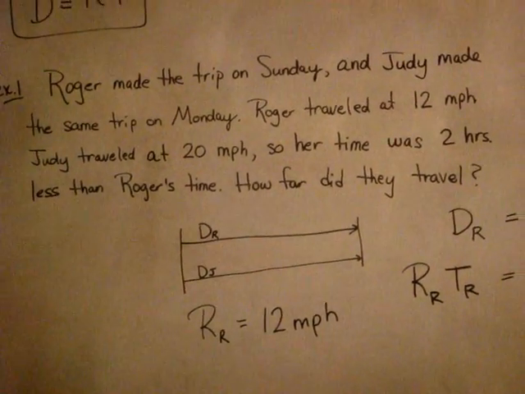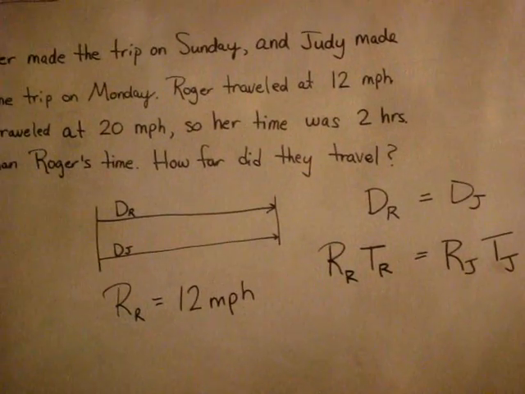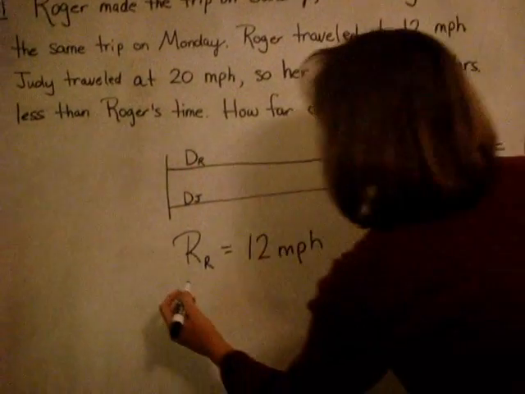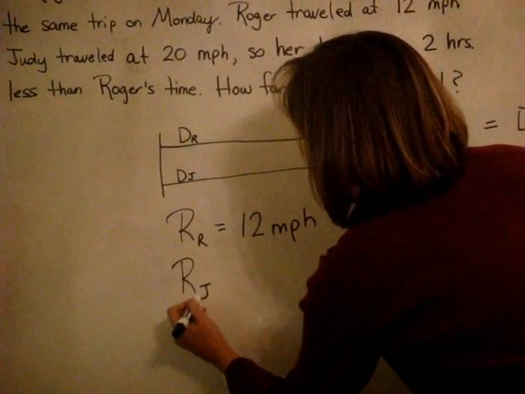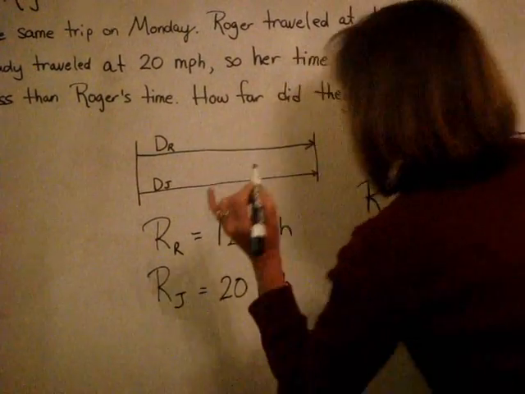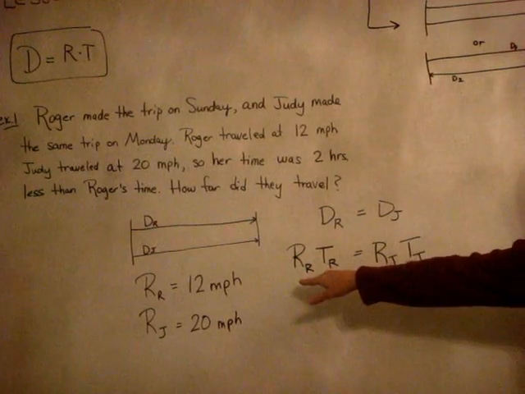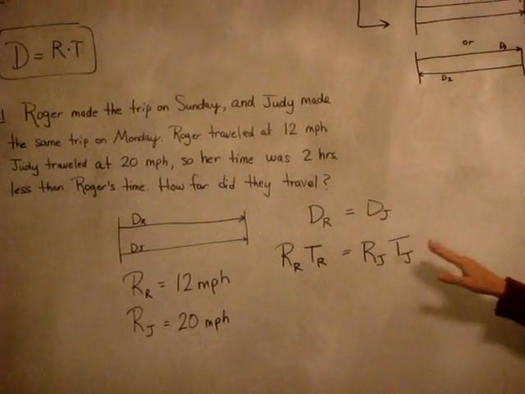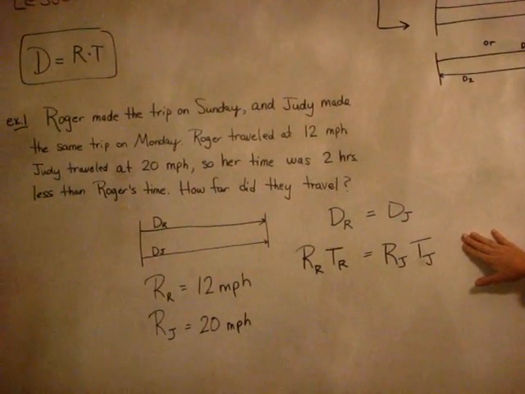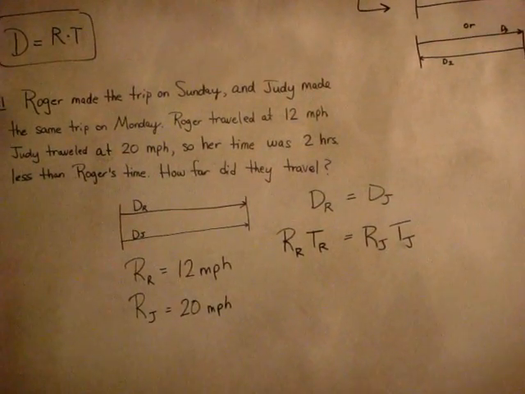Let's see what else we know in this problem. We know the rate of Judy. Her rate is 20 miles per hour. So we can write that down. Rate of Judy equals 20 miles per hour. So we have two pieces of information. You'll notice we have 4 variables in one equation. We need to get it down to 1 variable in 1 equation.